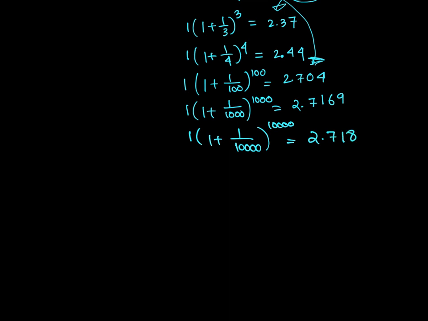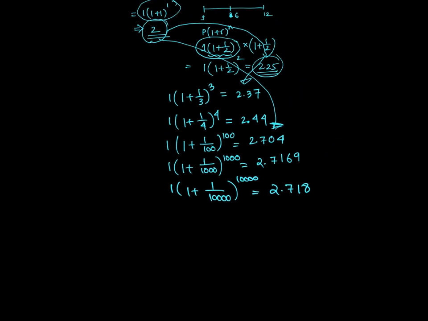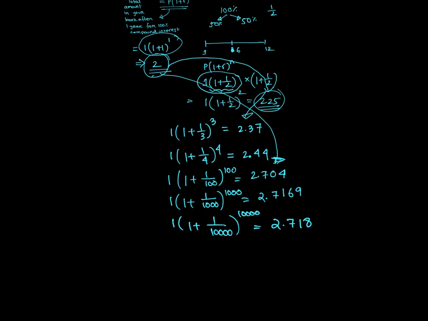So wait, we're seeing something weird here. Initially this $2 rose rapidly to 2.37, as you can see, and then it went to 2.44, then it went to 2.7, but later on you increased 100 by 10 times more, but the value didn't increase much.